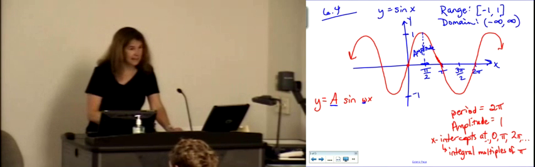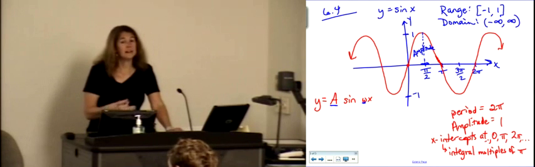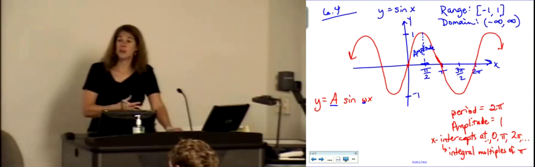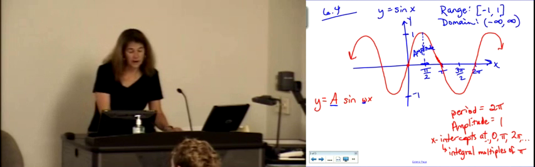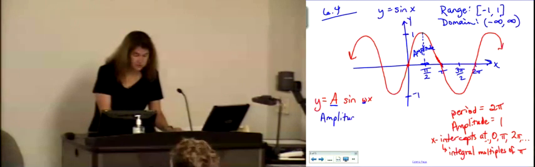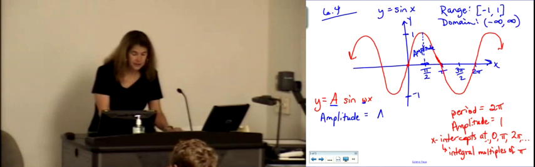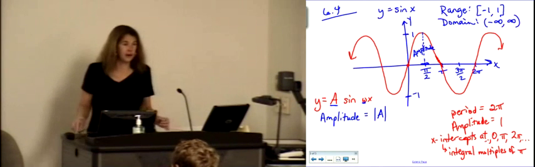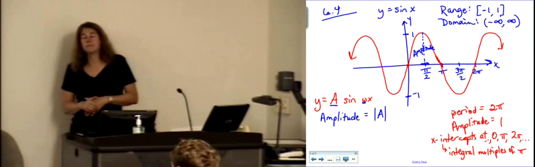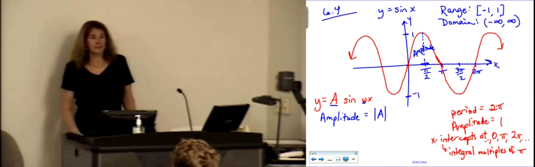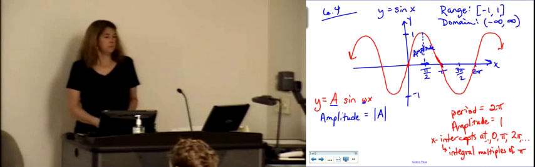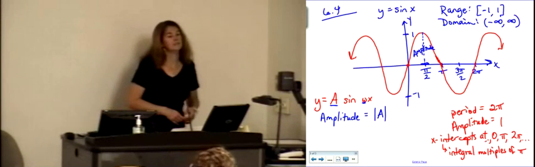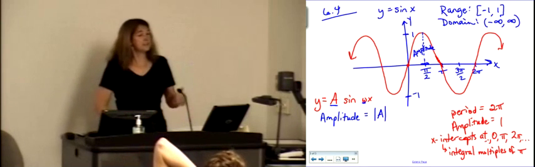We also note we have an a out front. These things help tell us some things about the graph. So if an equation is given for the trig function, then we know from that equation for sine that the amplitude will be the absolute value of whatever a is. What does absolute value mean? It's your distance from 0.